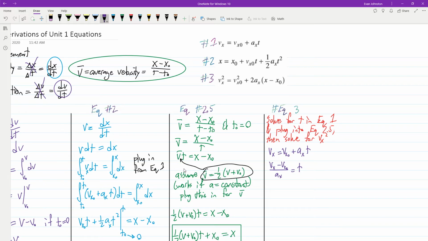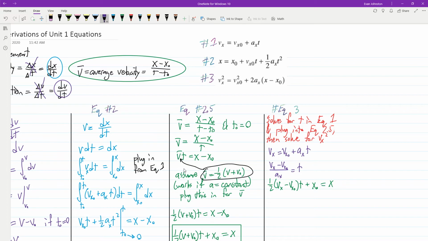And now I'm going to take this and plug it into my equation 2.5. So I'm going to rewrite equation 2.5: 1/2 (oops, forgot my parentheses) final velocity minus the initial velocity times time plus the initial displacement is the final displacement.